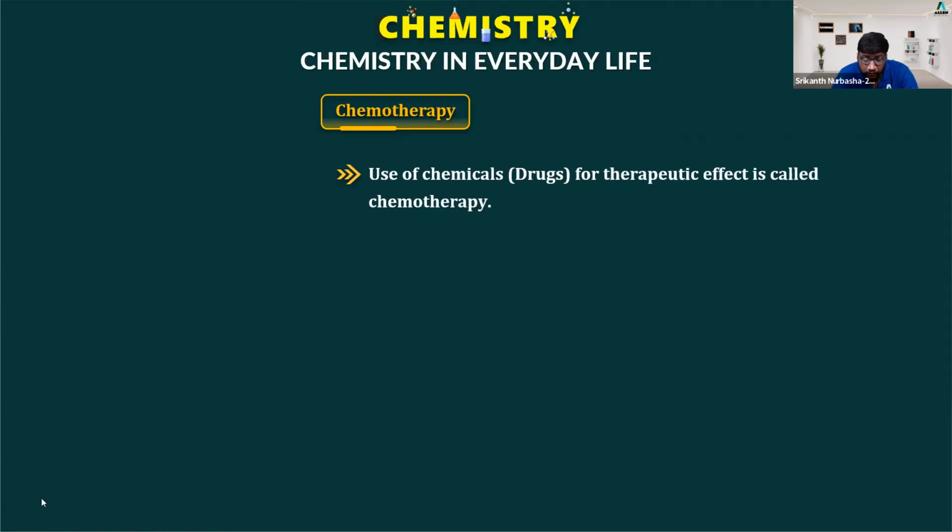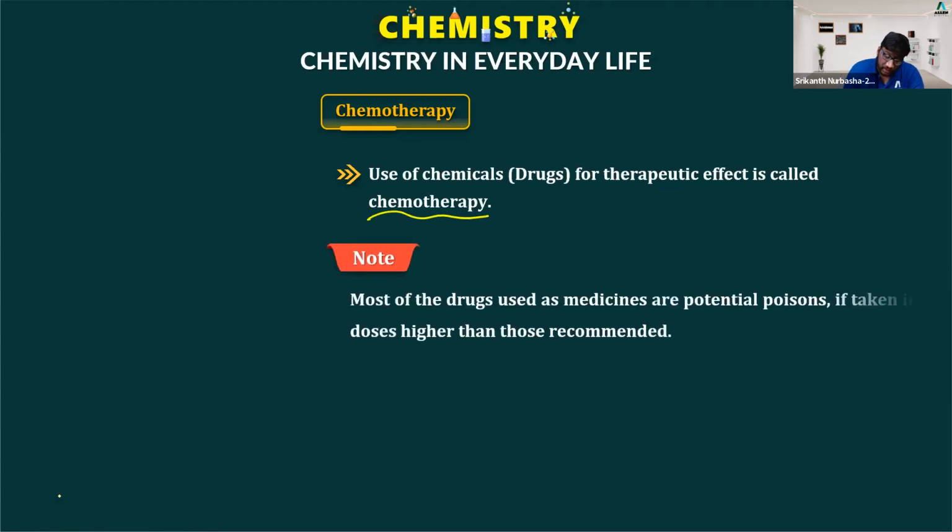Chemotherapy. Use of chemicals or drugs for therapeutic effect is called chemotherapy. Most of the drugs used as medicines are potential poisons if taken in doses higher than those recommended. That means since paracetamol is a drug or a medicine which can cure some kind of disease, I can't take ten tablets of paracetamol.